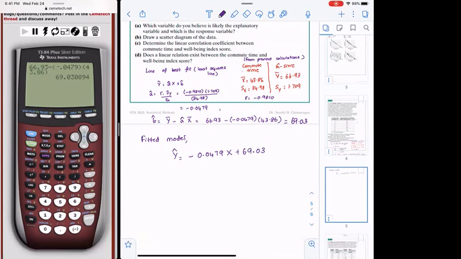So that is the fitted model that would explain the relationship between the well-being index score and the commute time.